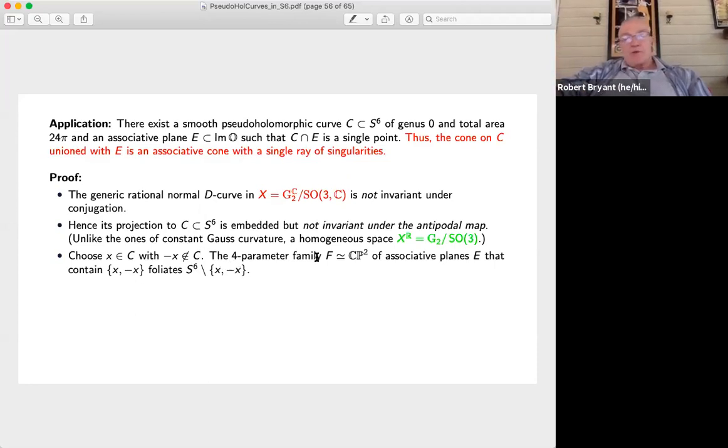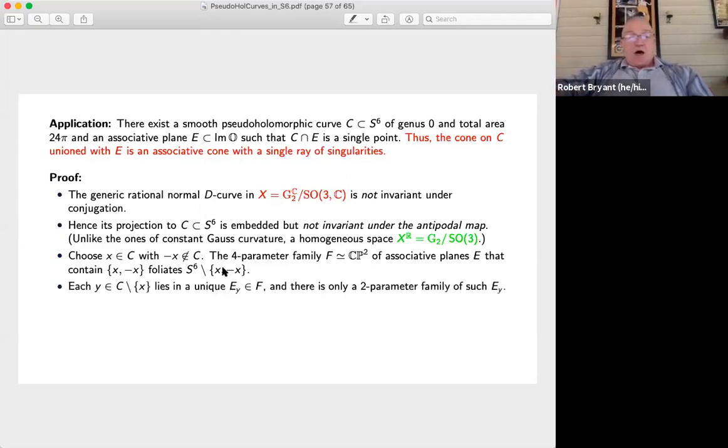Then the 4-parameter family of associative planes that pass through those points x and minus x actually foliates S6 minus the point x and its antipodal point. So every y in the curve except x lies on a unique one of these associative planes that passes through x and minus x.